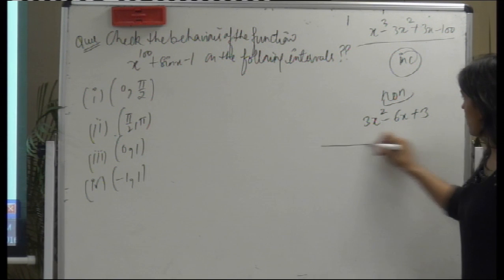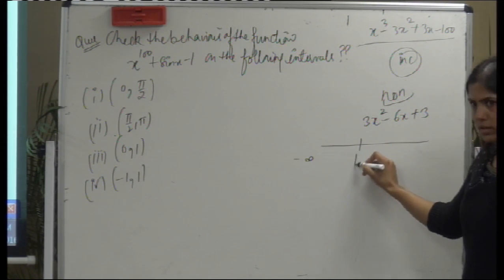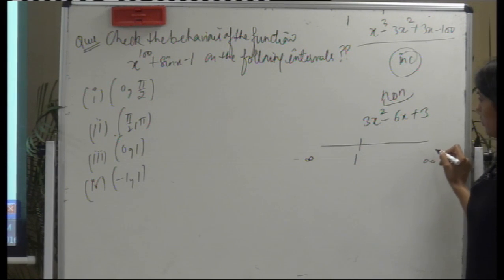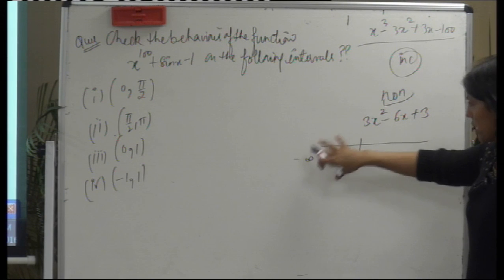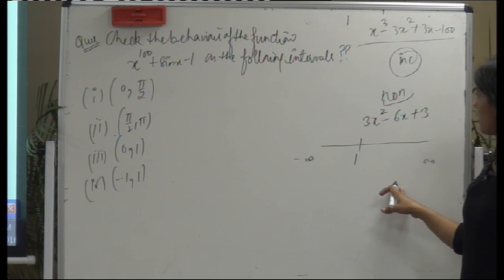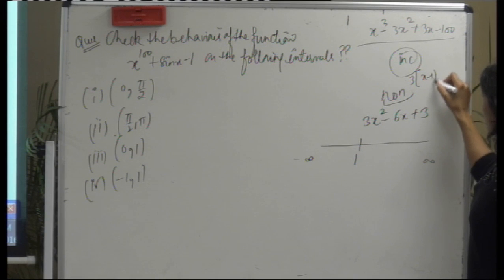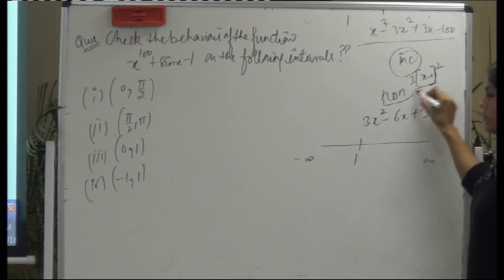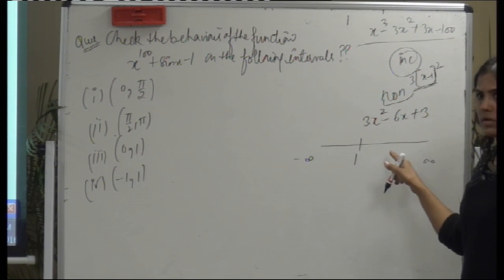You are saying you have broken your real line like this, minus infinity to 1. Why? Okay, fine, then 3, this is what you are getting now. So you are saying that it is changing the behavior.